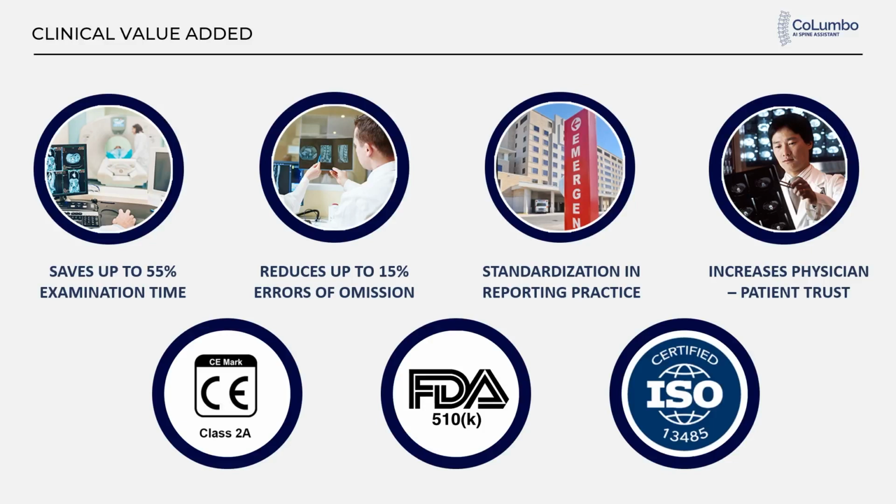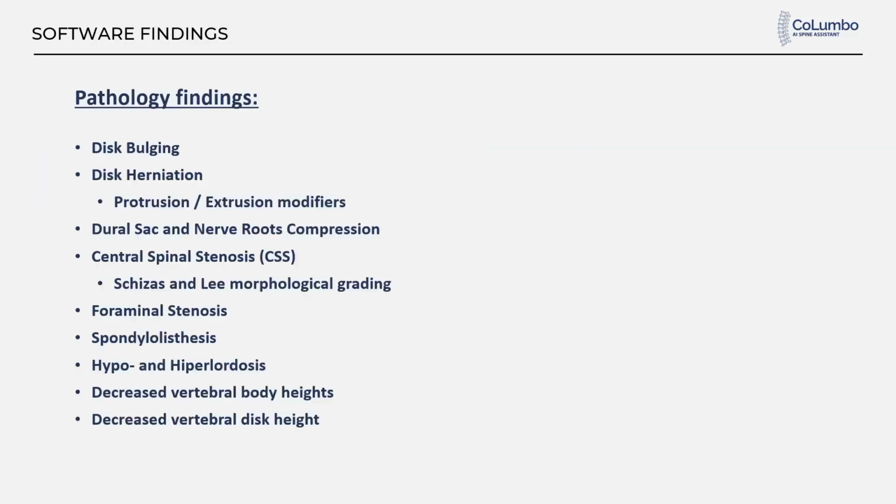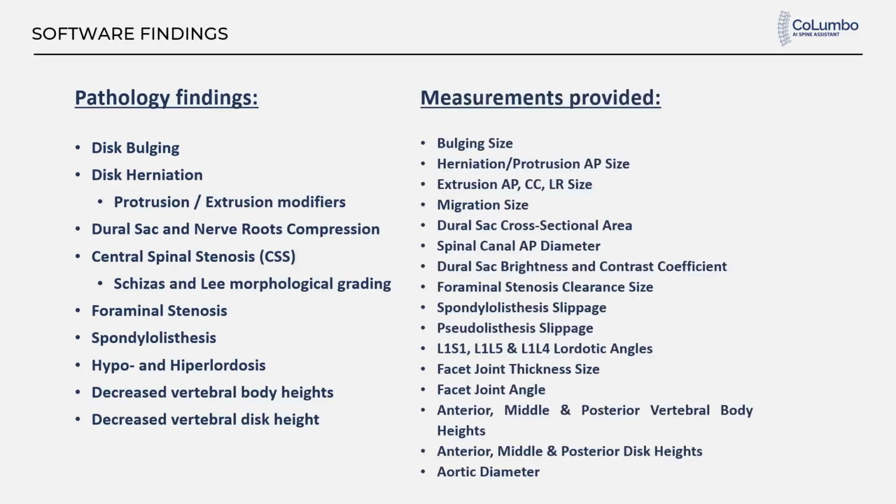The current version of CoLumbo covers the lumbar spine on MR modality, providing information on 11 findings and 16 modifiers like size, location, and severity. All of the findings are provided in the final draft report.